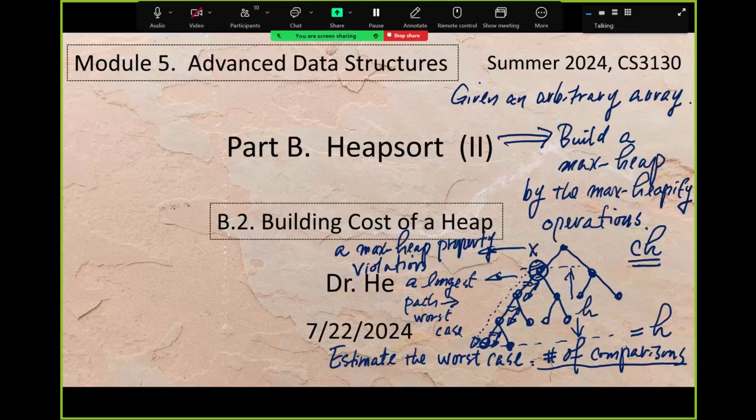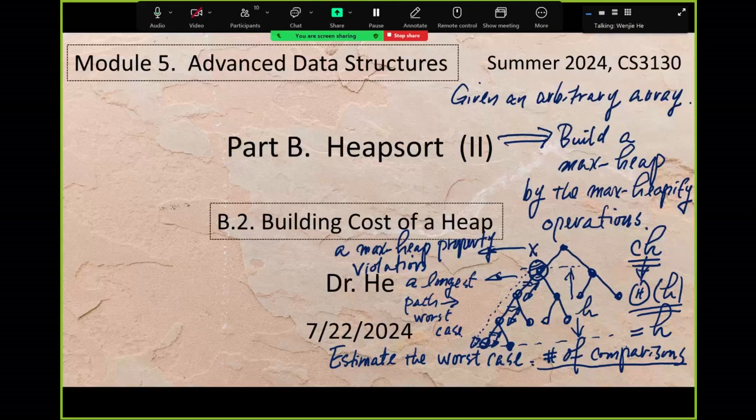So it's a constant C multiplied by H. And remember, if we use asymptotic notation, that is big theta of H. So that's the amount of cost we need to pay.